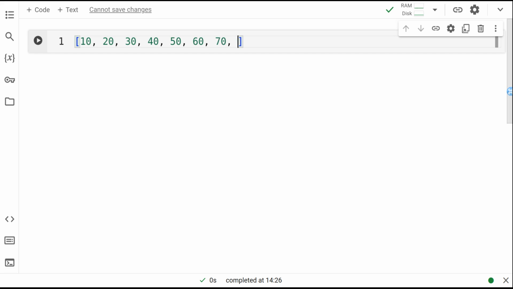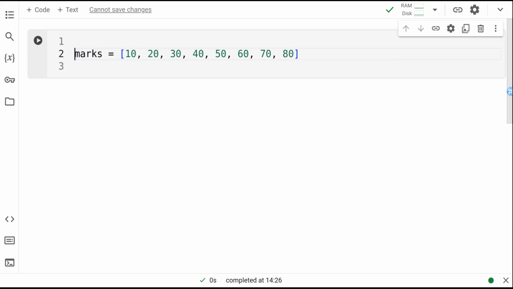Let's say these are the marks scored by all students in the class in physics: 10, 20, and so on until 80. So there are 8 students, and these are the marks of all 8 students in the class.